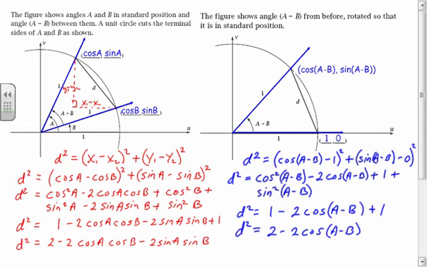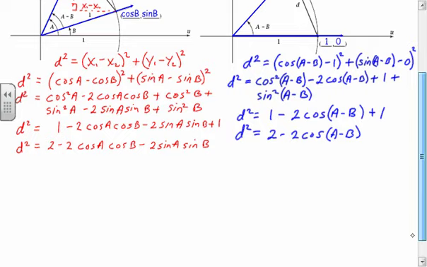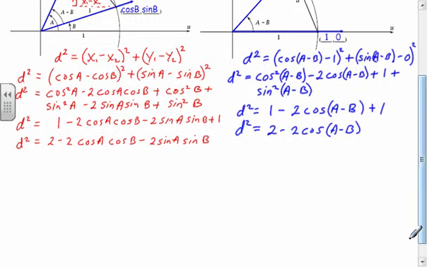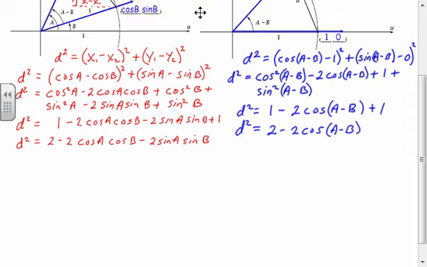Now we have two different expressions for D squared. That means we could put those together, set them equal to each other by substitution or the transitive property, however you want to think about that. Let's do that. So I'm going to put these two things equal to each other. 2 minus 2 cosine A, and then we're going to just see what develops here.